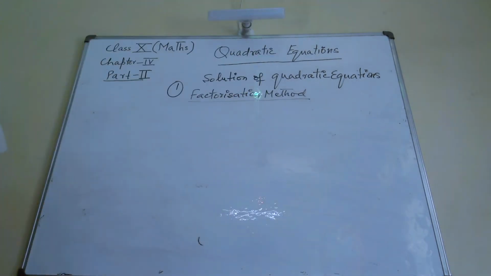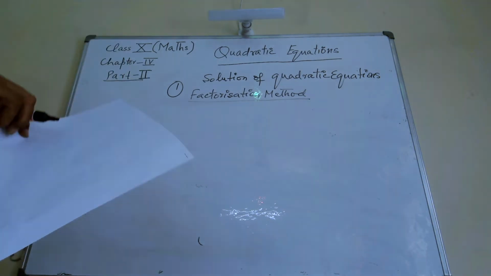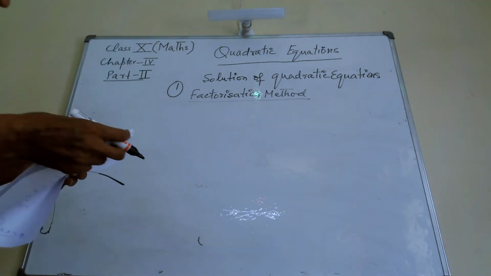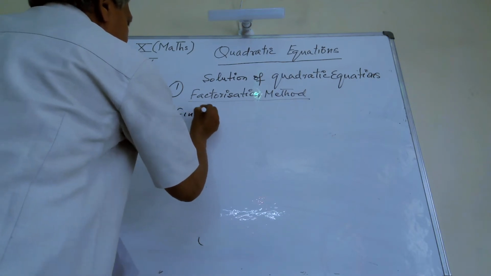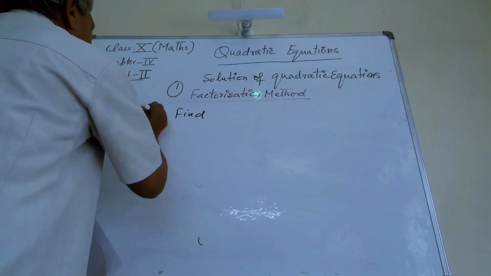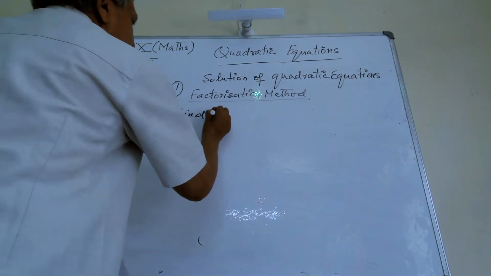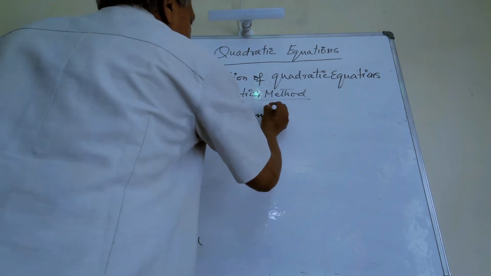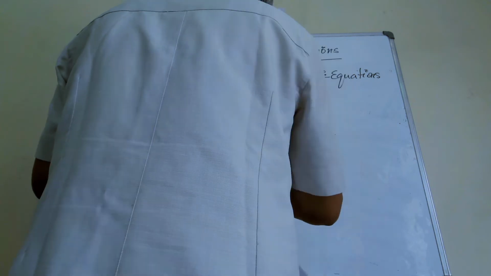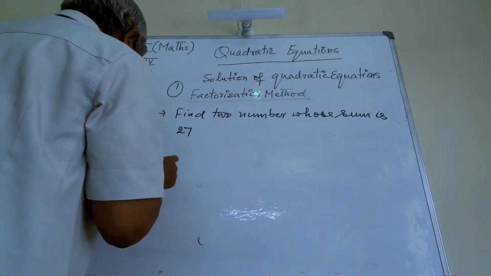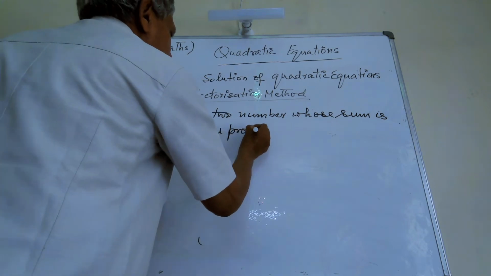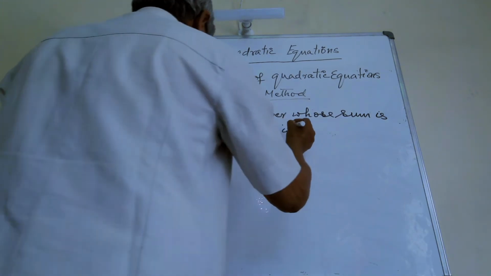Third question: find two numbers whose sum is 27 and product is 182.